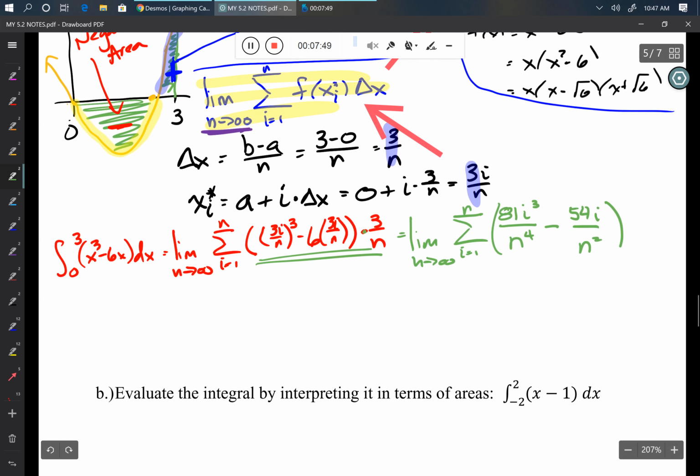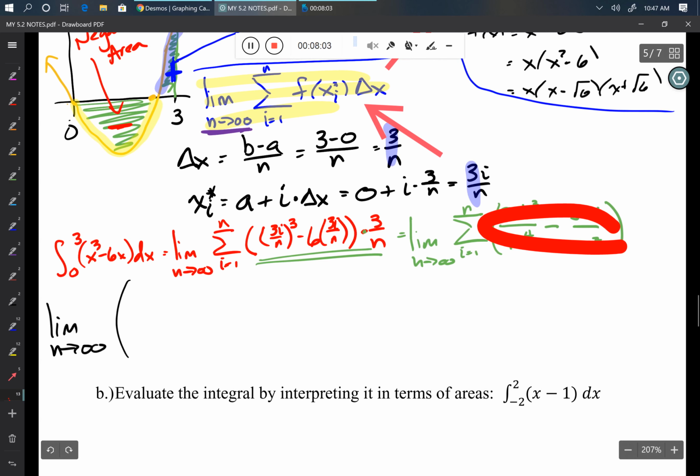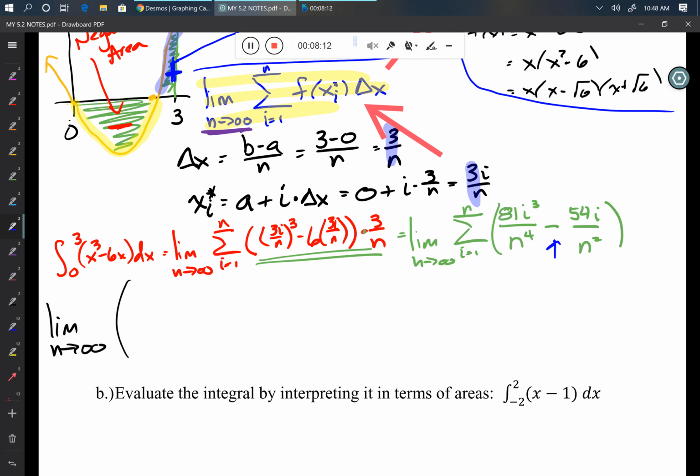Okay. And so now this gives me that we have the limit as n approaches infinity. Now here's where the math starts to happen. Okay. I'm going to rip apart, and I'm moving over here, so in case you're wondering where I'm at, I'm talking about this thing right now. I'm going to rip that thing apart at the minus symbol, and I'm also going to use the formulas from before.